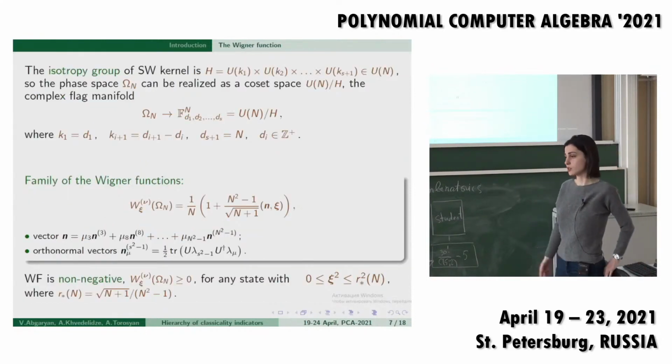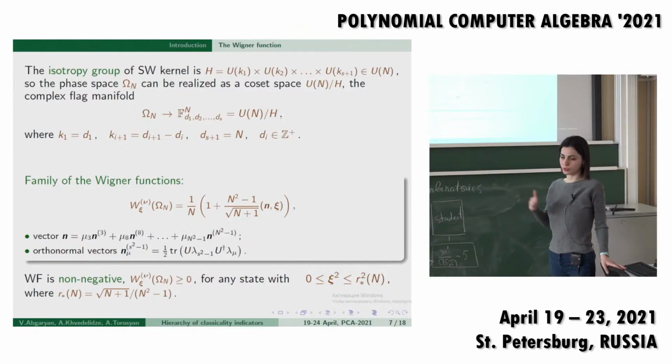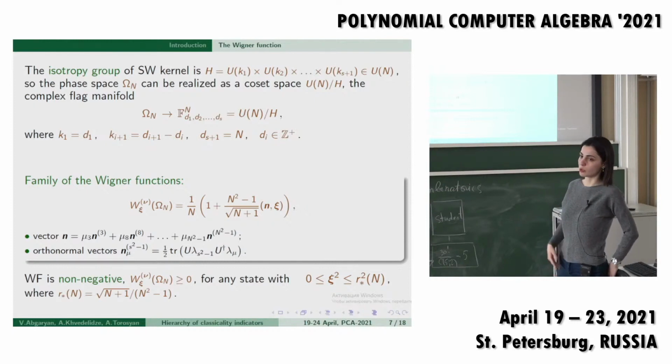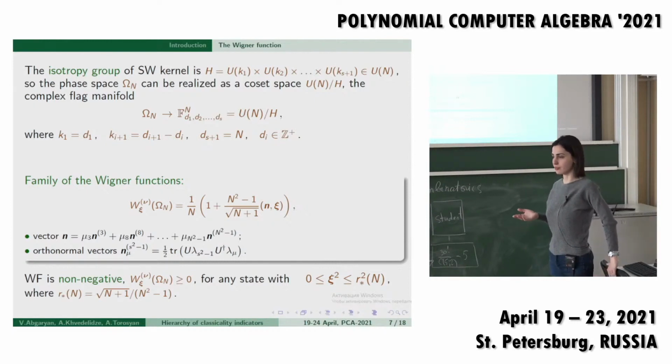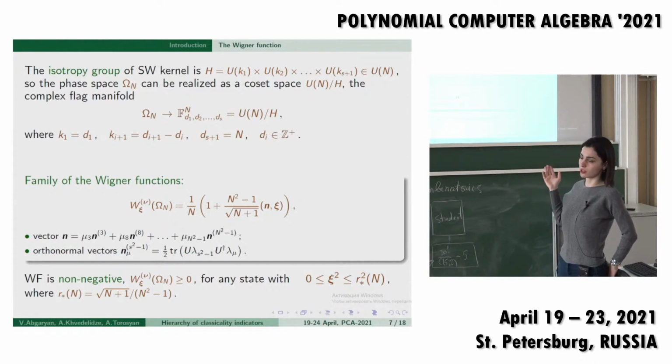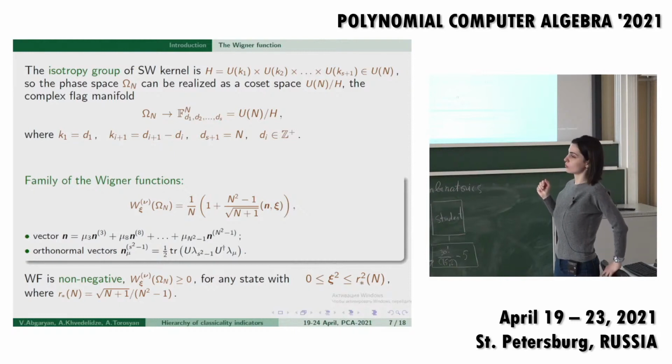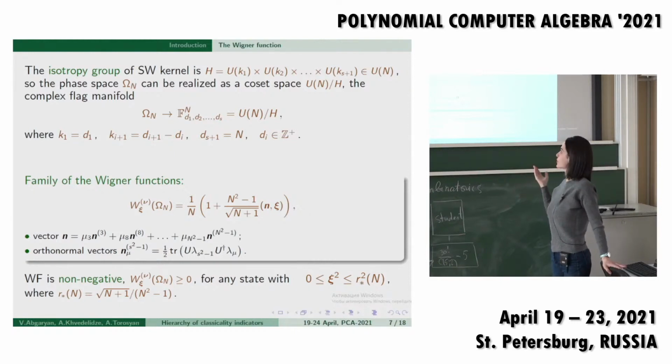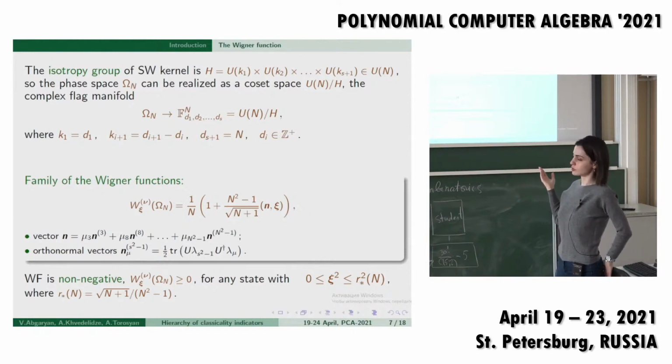The Stratonovich-Weyl kernel is a mapping between the phase space and the dual space P asterisk, and supposing that its eigenvalues are real and have algebraic multiplicity ki, the isotropy group of the Stratonovich-Weyl kernel can be written in this form.